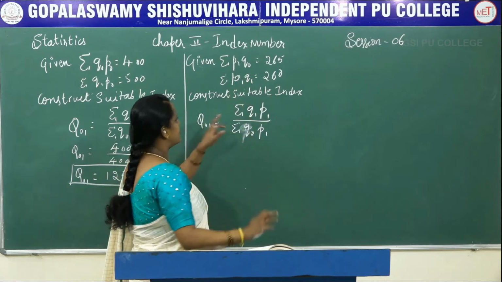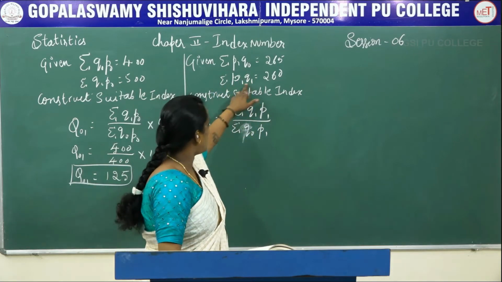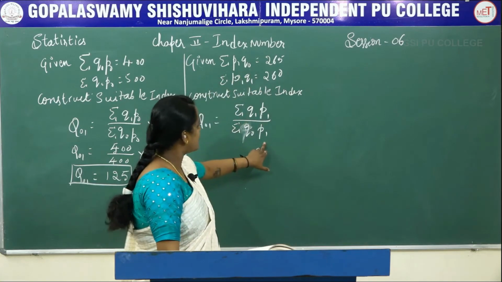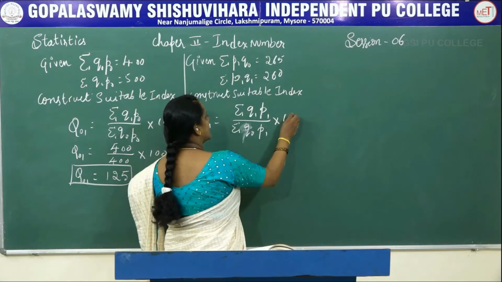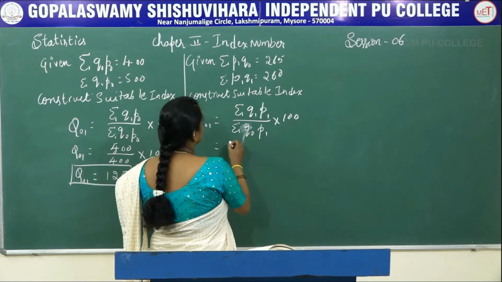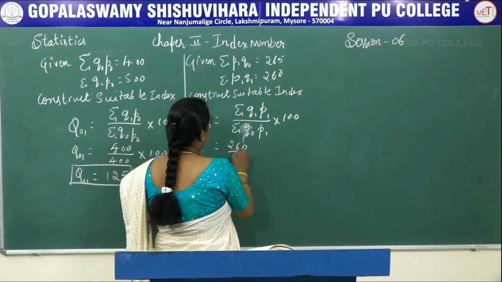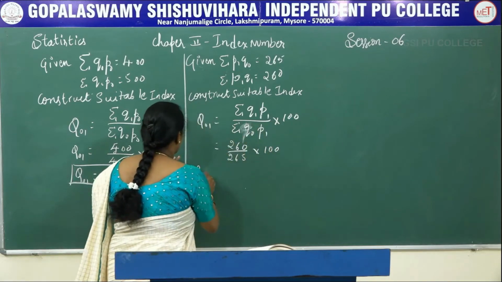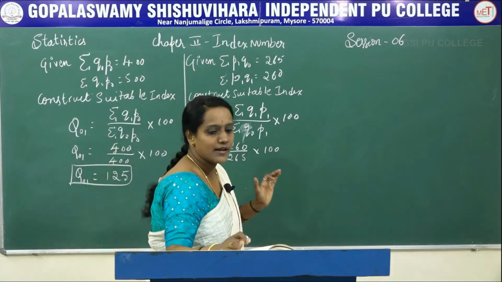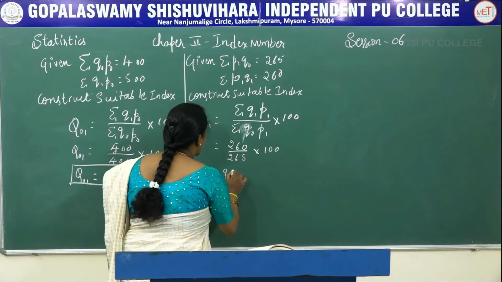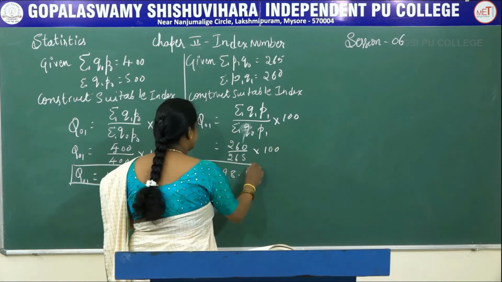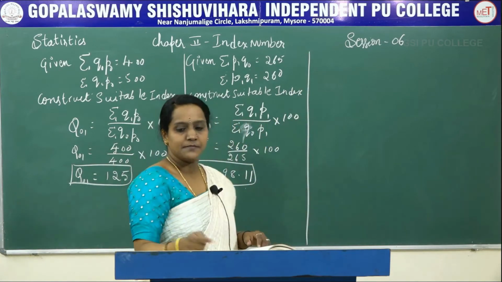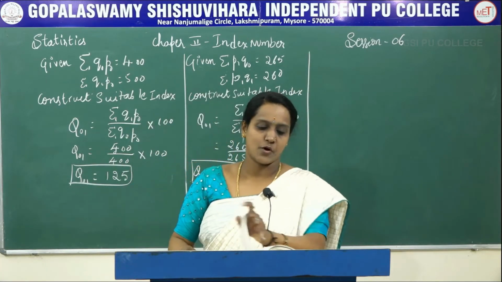See here, I have written P1 Q1 as Q1 P1 and P1 Q0 as Q0 P1. Now you substitute the values, that is 260 divided by 265 into 100. So Q01 is equal to 98.11. So next problem.